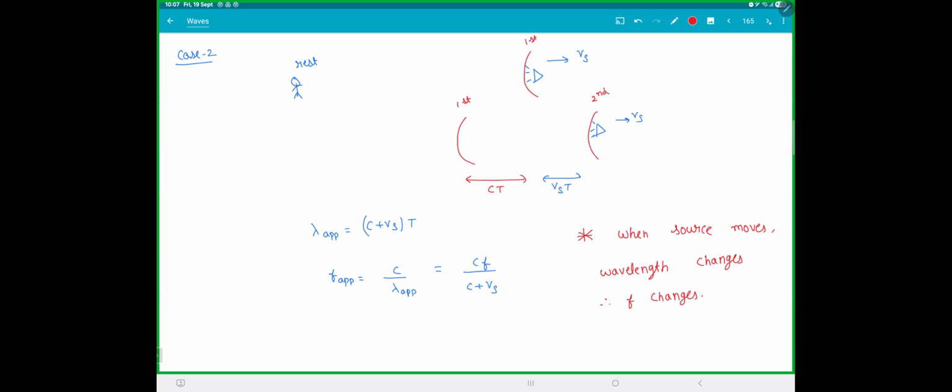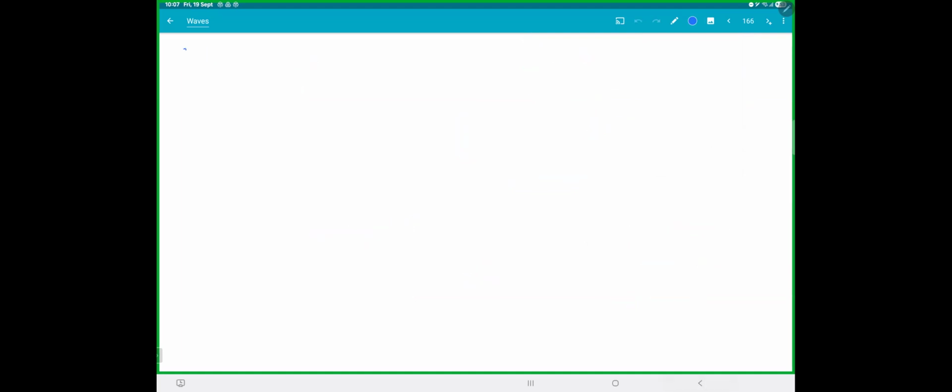This is what happens when the source starts moving. What happens if the observer starts moving? All clear so far? Case 3. Observer is moving, source at rest.